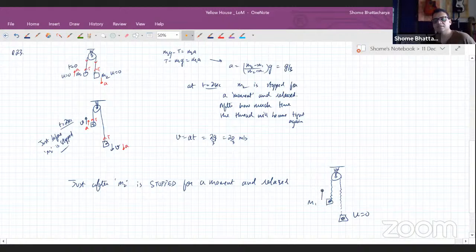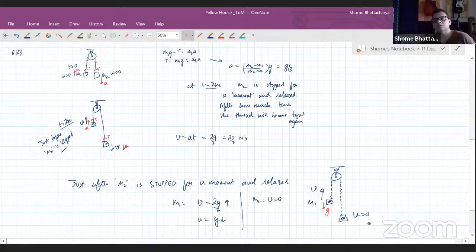So M1 still has a velocity of v equal to 2g by 3 upwards. But because the tension has become 0, it's now having an acceleration of g downwards. And what about the state of M2?